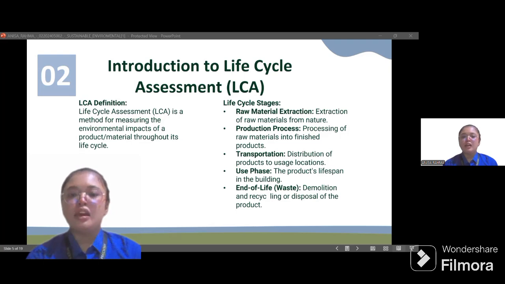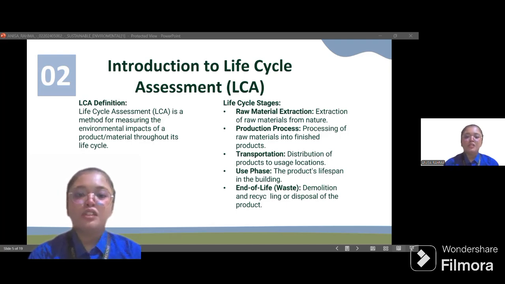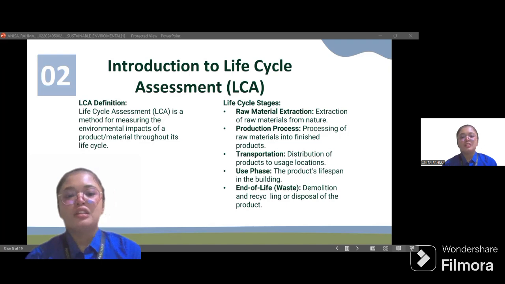There are five main stages in a material life cycle that are assessed in LCA. The first is raw material extraction. The second is production process. The third is transportation. The fourth is use stage. The last one is end of life treatment or waste processing.